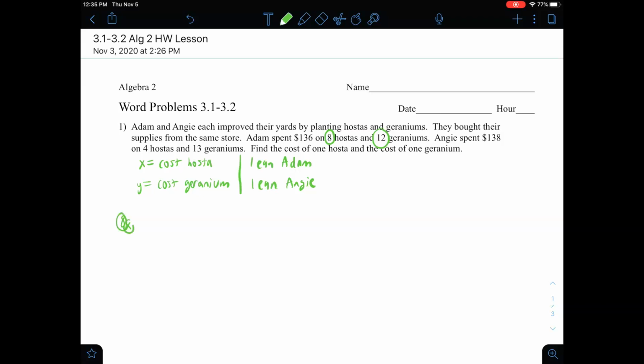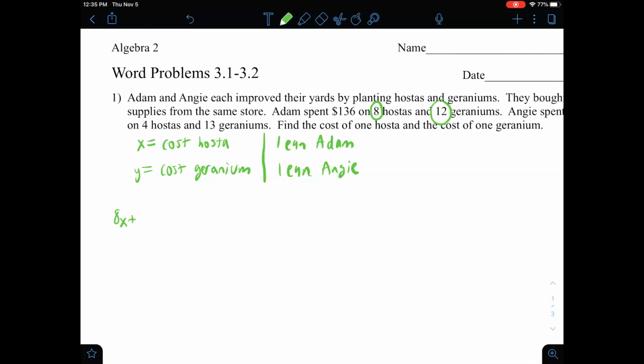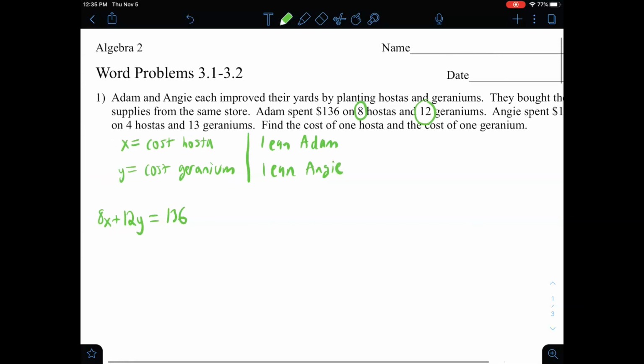If I have 8 hostas and they each cost x dollars, it's going to be 8 times x, right? Does that make sense? All right. And he also bought 12 geraniums, so it's going to be 12 geraniums he bought times the cost of each geranium, which is y. And he spent a total of $136. Okay, so that's Adam's equation, equation 1.